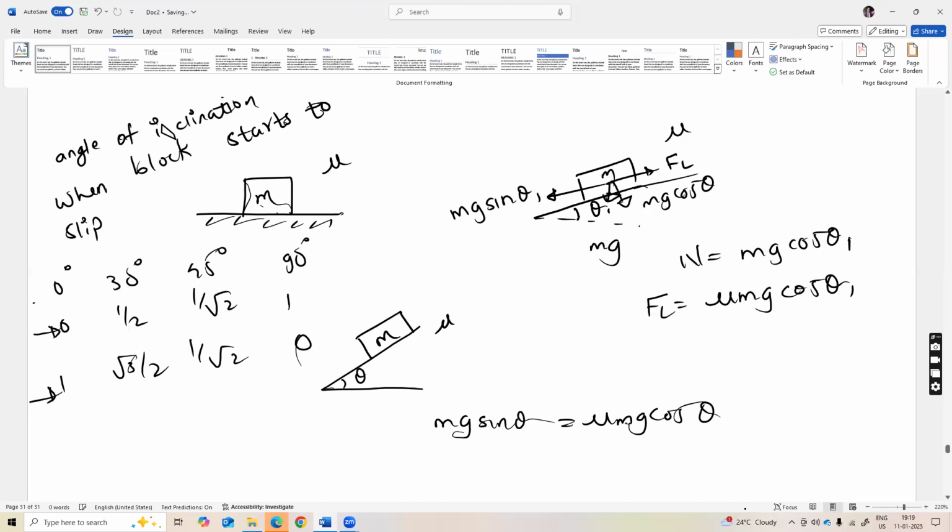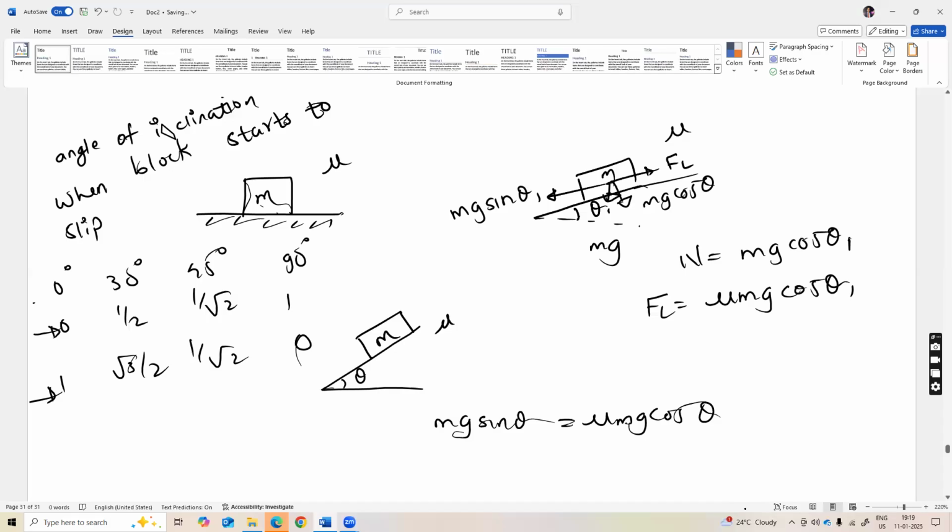Yes, sir. And if you still increase theta, then this block M will start moving downwards, because then mg sin theta will be more than mu mg cos theta. Okay, sir. So basically theta is the point where mg sin theta, the component of weight along the wedge, matches the limiting frictional value.